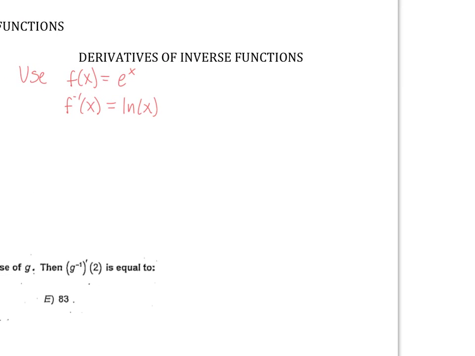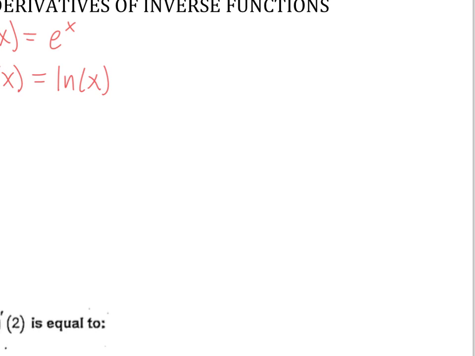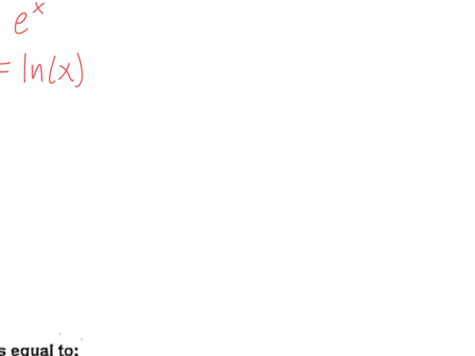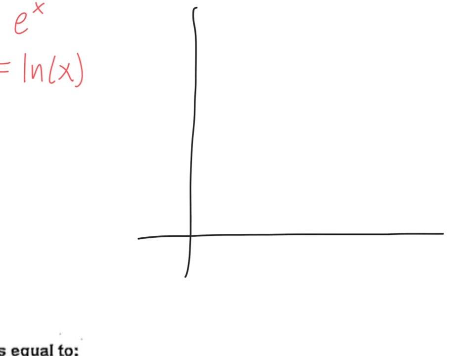I'm going to draw a y-axis and an x-axis. And if I'm drawing an inverse function, I'm going to draw the line y equals x, and the reason why I'm drawing that is because inverse functions are reflected over the line y equals x.